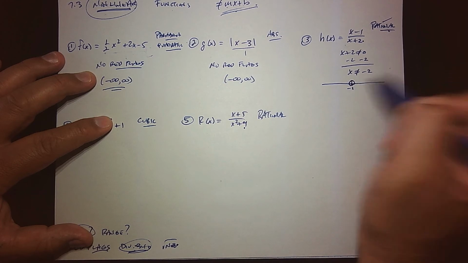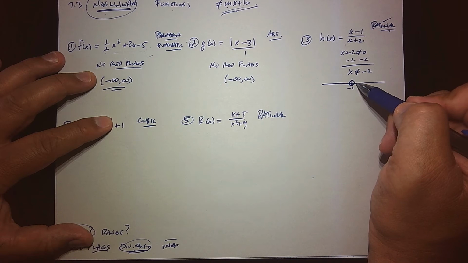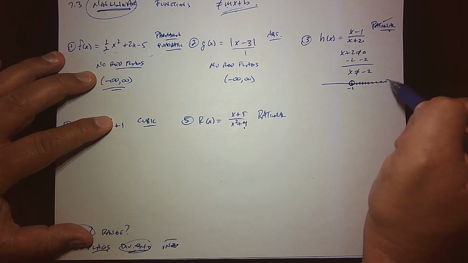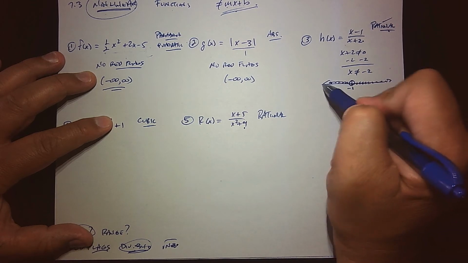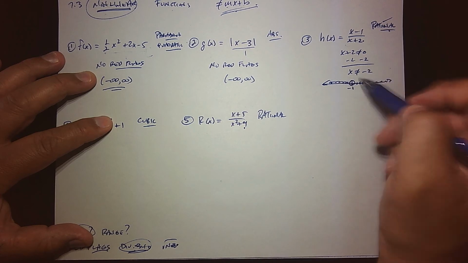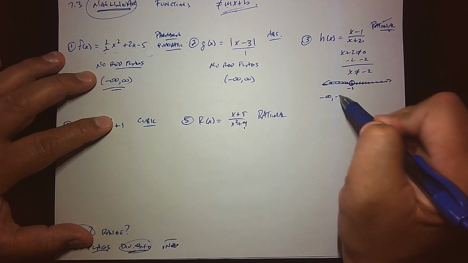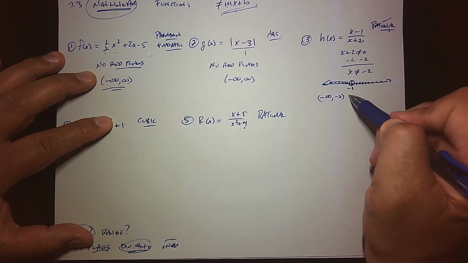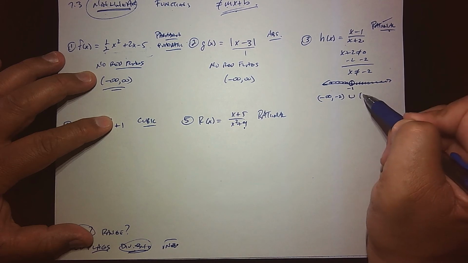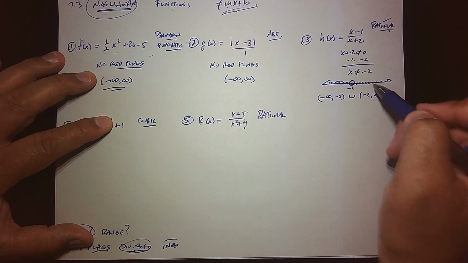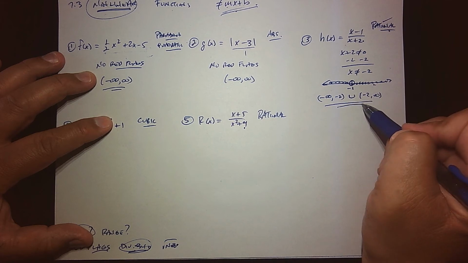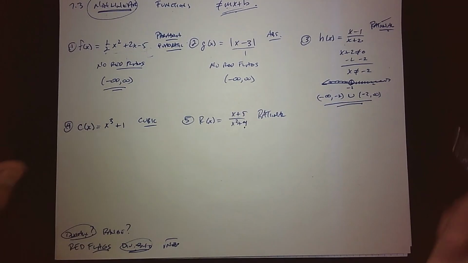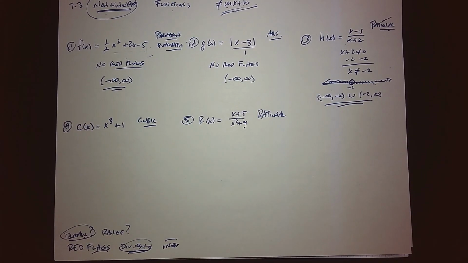Negative 2 we're throwing out of the domain, but that means we can be everybody to its right, and we can be everybody to its left. So we have 2 intervals. Negative infinity to negative 2 is this interval. We're going to union it with negative 2 to infinity on that side. So there would be the domain for that particular rational function.